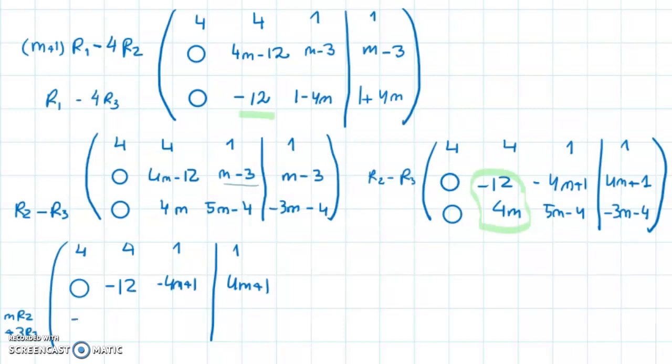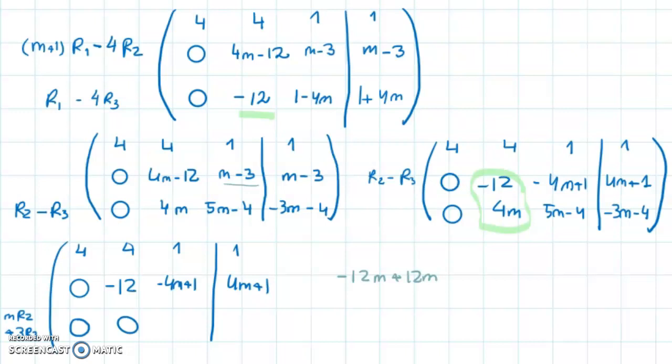So 0 times something plus 0, 0 anyways, but over here I'm going to have minus 12m plus 12m for the next entry. So we got the 0 we wanted.